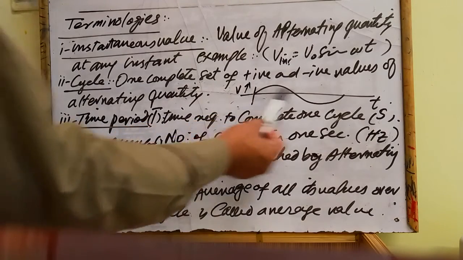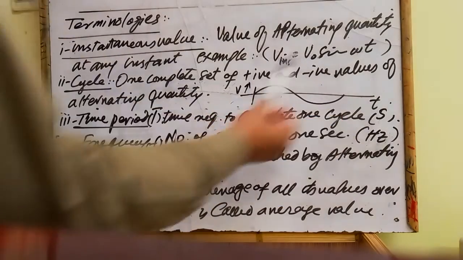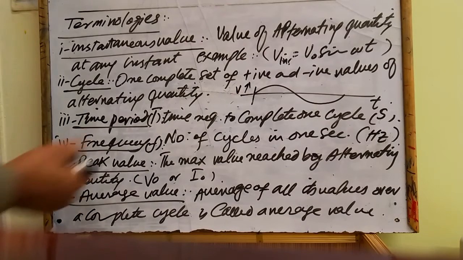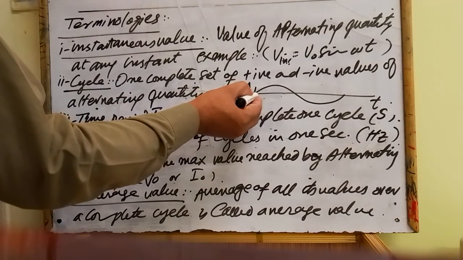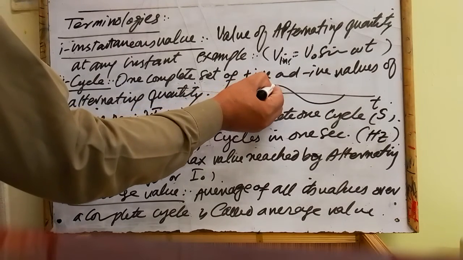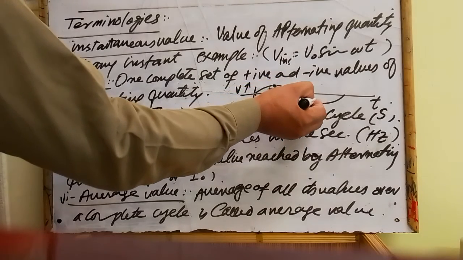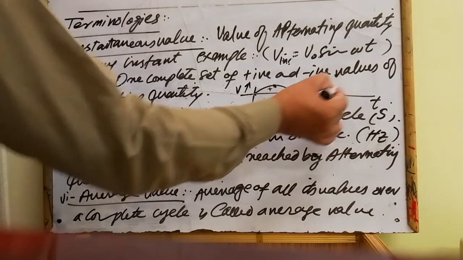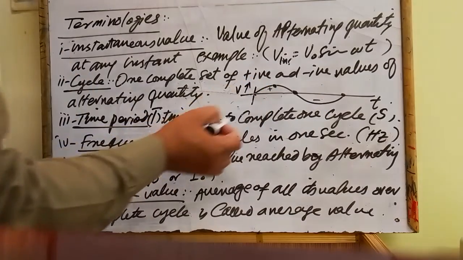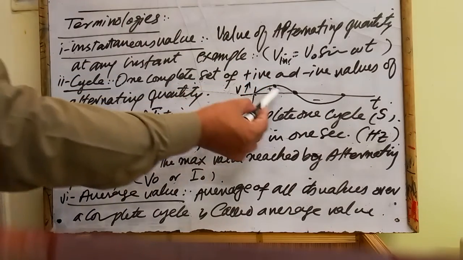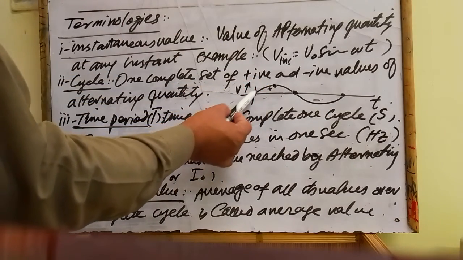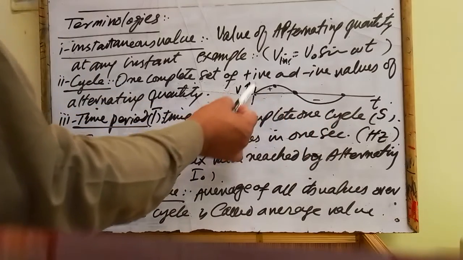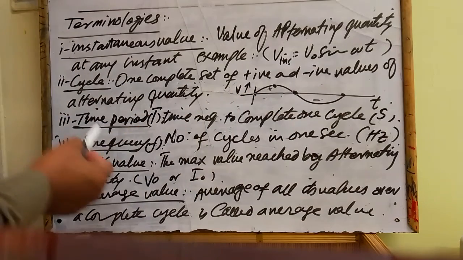Like from the graph of voltage in time, we can have 0 value here, positive here, 0 again here, negative here, and 0 again. So this one complete set of positive and negative values of the alternating voltage is called one cycle.